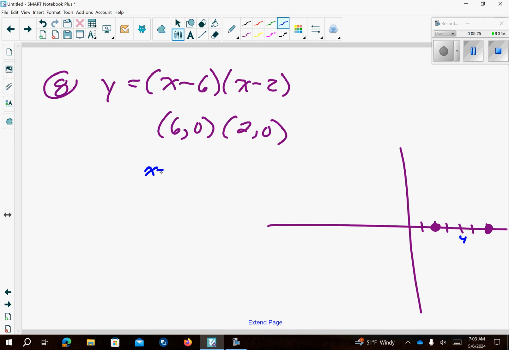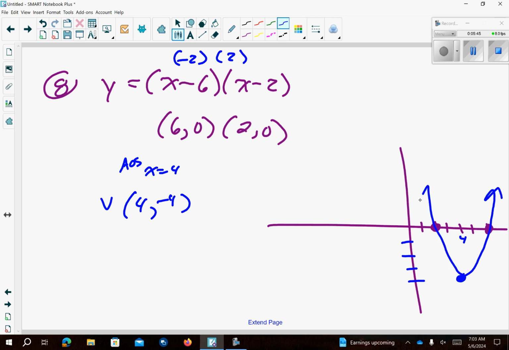That's the axis of symmetry. And then remember, if we have the axis of symmetry, we can find the vertex. So plug 4 in: 4 minus 6 is negative 2, and 4 minus 2 is 2. So I have 4, negative 4. We don't really have to show any more on this one. We're done. They just want us to graph it.